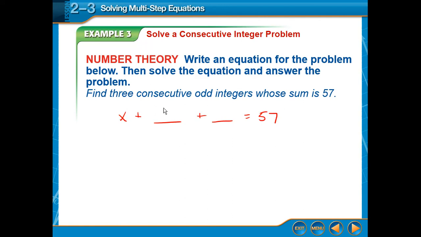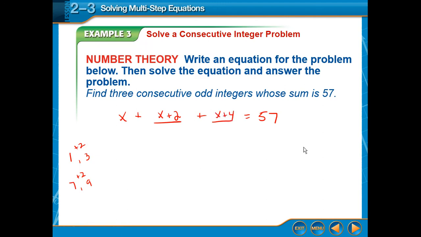If I go from 1 to 3, I went up 2. Or if I went from 7 to 9, I went up 2. So every time you go from one odd integer to the next, it increases by 2. If this is x, then this one is x plus 2, and if it goes up another 2, this one is x plus 4.